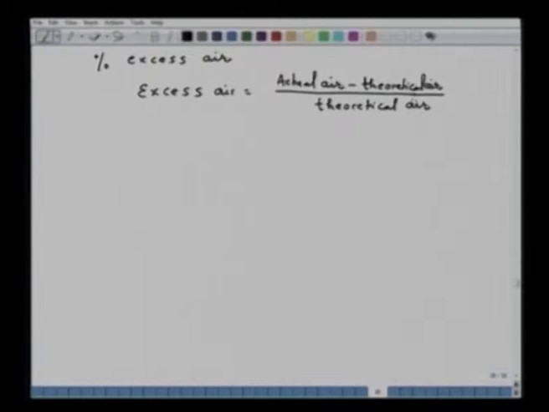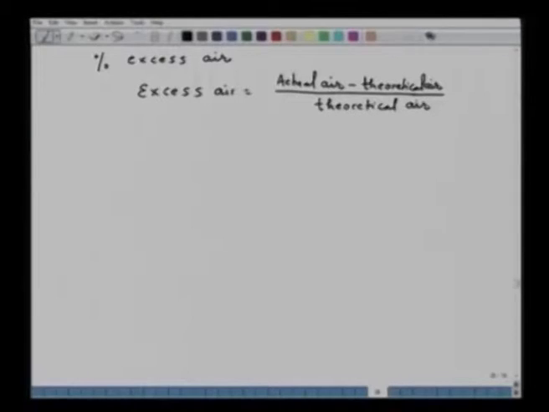Or you can also calculate actual oxygen minus theoretical oxygen divided by theoretical oxygen, because air, oxygen and nitrogen are interconnected. Say 1 mole of oxygen is equivalent to 3.76 moles of nitrogen, or 1 mole of oxygen is carried by 4.76 moles of air. So, they are all interrelated; whether you define excess air on the basis of air or on the basis of oxygen, it just becomes the same.